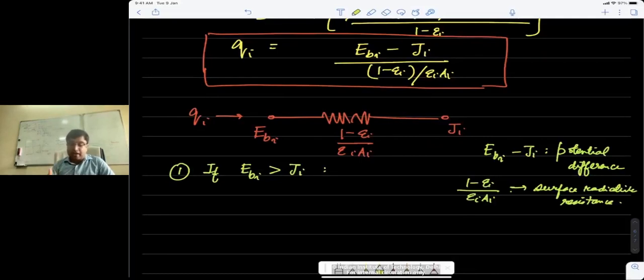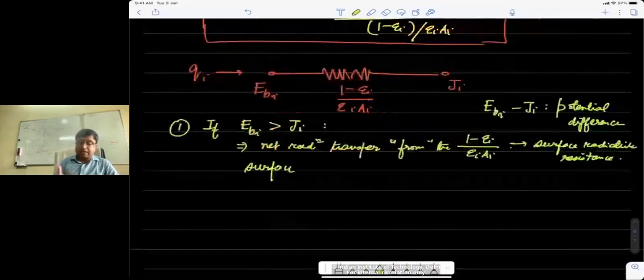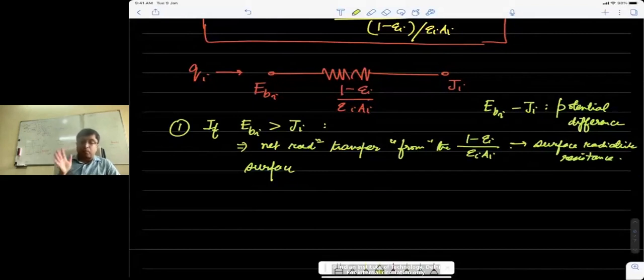So if E_bi is more than J_i, you will have net radiation being transferred from the surface, and you will have to provide heat externally to maintain the temperature of the surface at T_i. So Q_i will go from left to right in the network, and you will have to keep providing Q_i to maintain that temperature T_i.